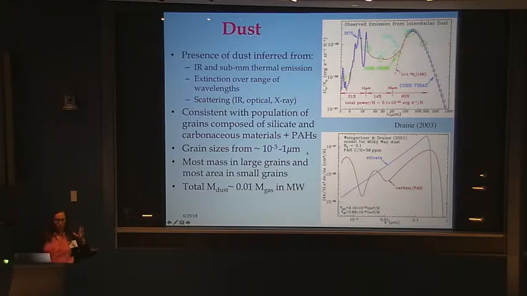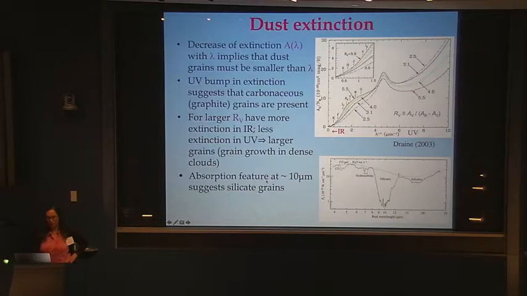So this is a model. We haven't gone out to scoop up the dust, but this is the best dust model that you can make based on the observed constraints, where the grain sizes are generally submicron. So this is going from 10 to the minus 3 up to a fraction of a micron. Most of the mass is in the large grains. Most of the area is in the small grains. And the total mass of the dust is about 1% of the gas mass.